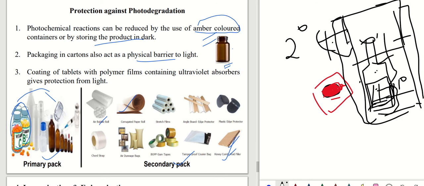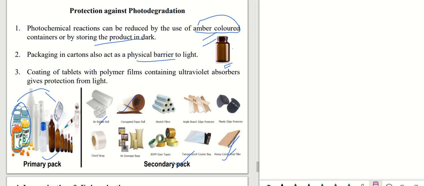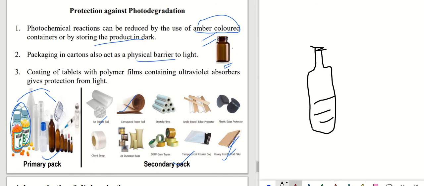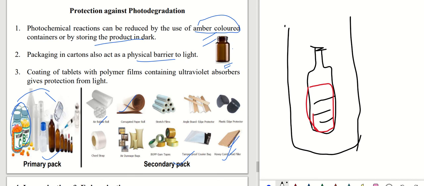So when we see this, this is the primary container and this is the drug, this is the label, and this is placed inside a container.